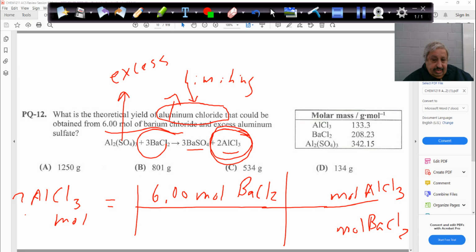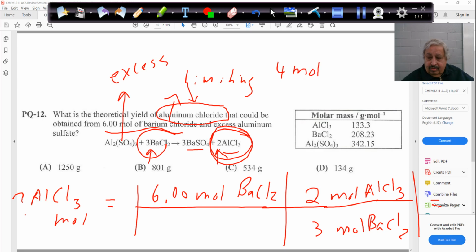The ratio is, I have 2 here and barium chloride is 3. So 2 to 3. 2 multiplied by 6 is 12. 12 divided by 3 is, how many moles? 4 moles.